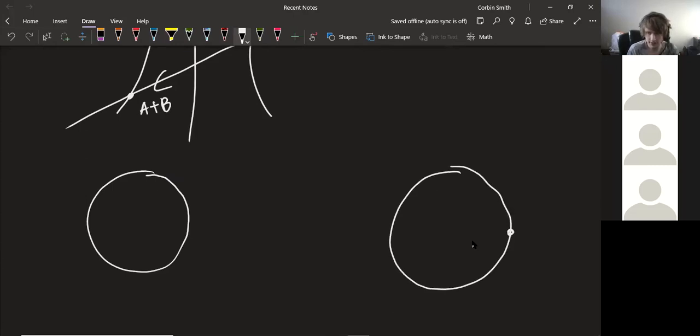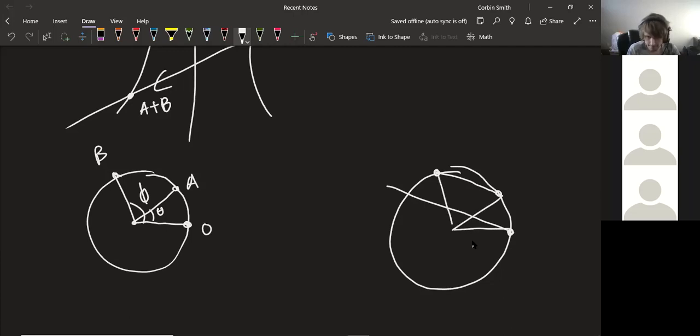So let's draw these: O, A, B, and let's call this center right here. Oh wait, we don't want theta and phi in this one.